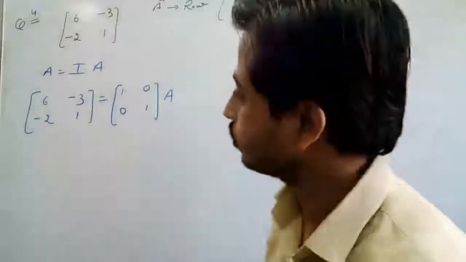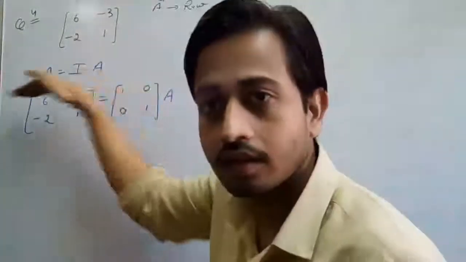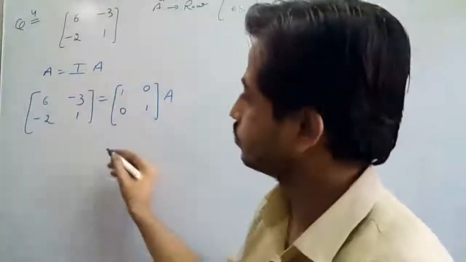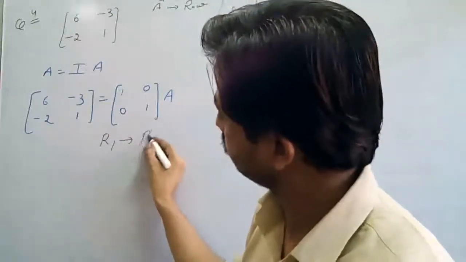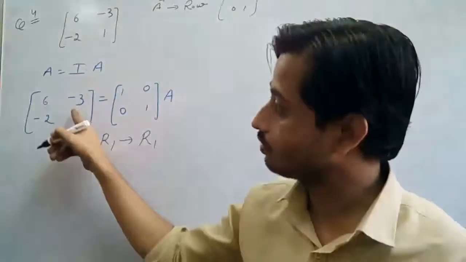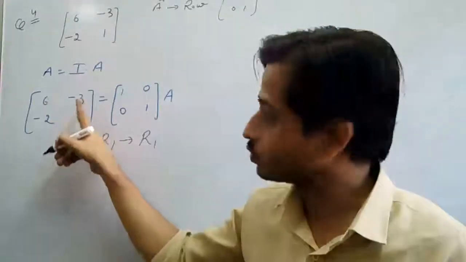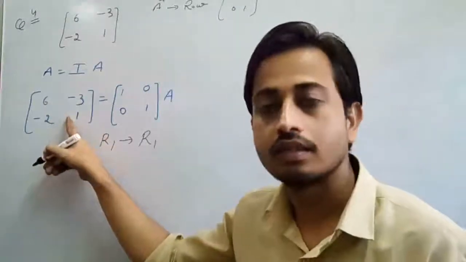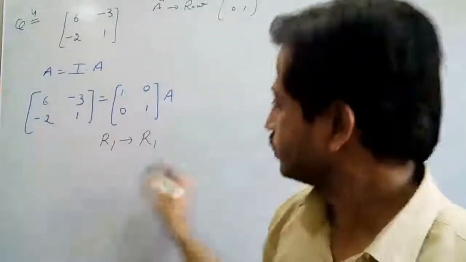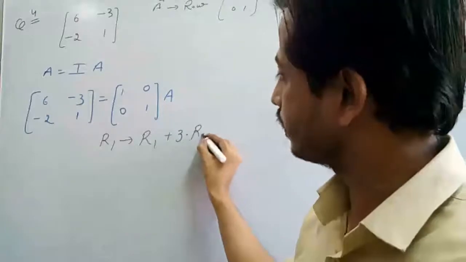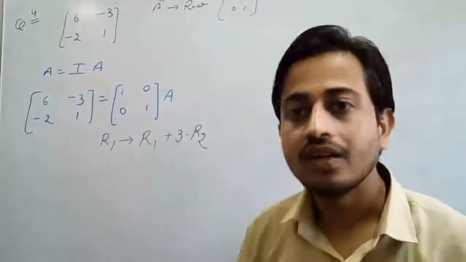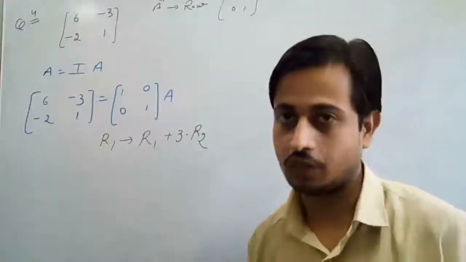It means we are applying the operation on the first row, and we have to add plus 3. So firstly we multiply by 3 and then add. We have to multiply 3 by our second row R2.